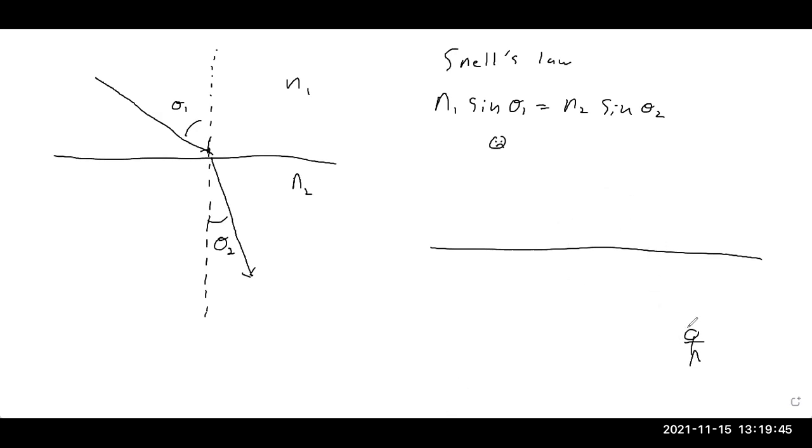So that's an option. So you could just travel straight there. You could, because you're really fast on land, just take a short path on land. And when you get to the water, swim the rest of the way.